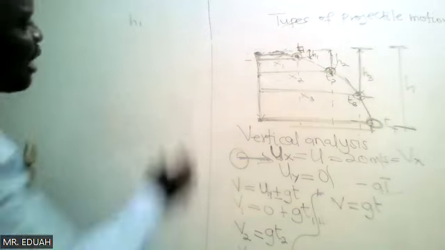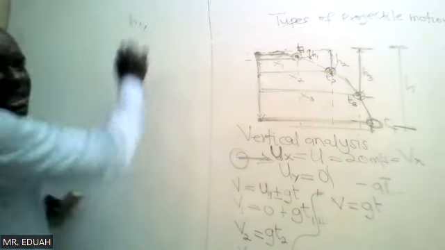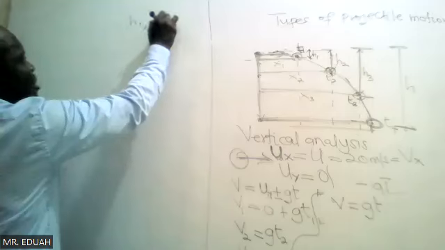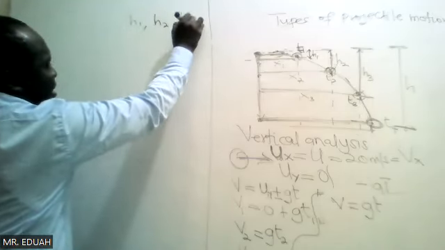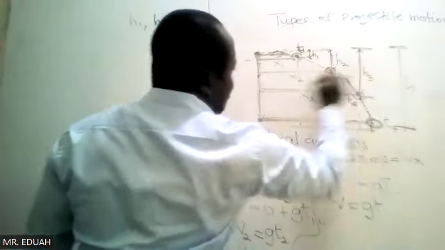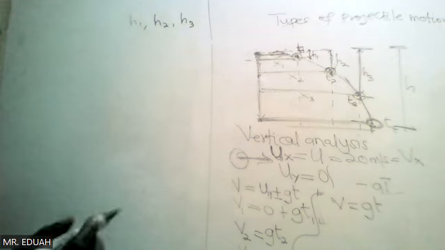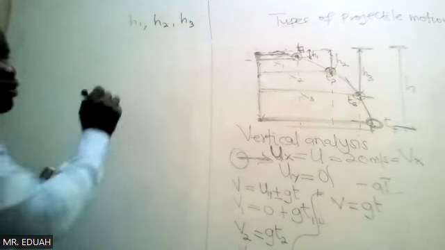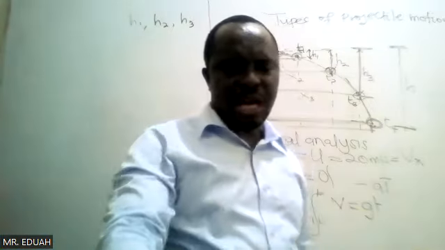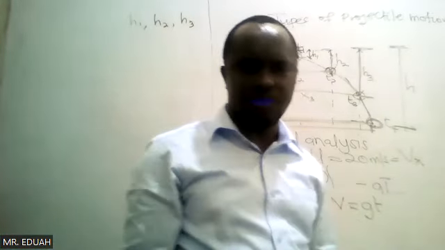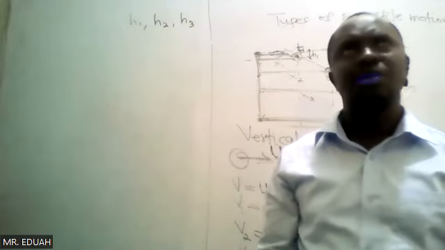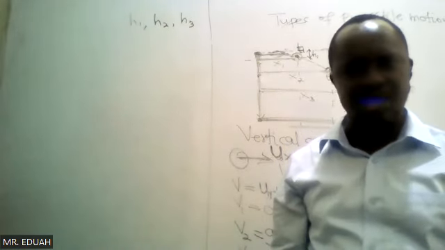So I want a formula for determining H1, H2, H3, and then the maximum height when it finally drops. How do I get that? I want you to help me put down the second equation of vertical downwards motion.